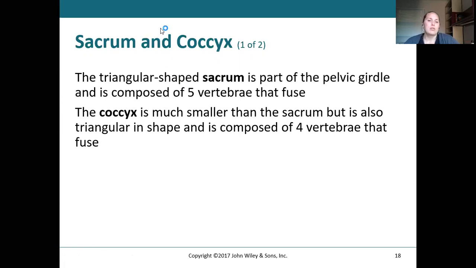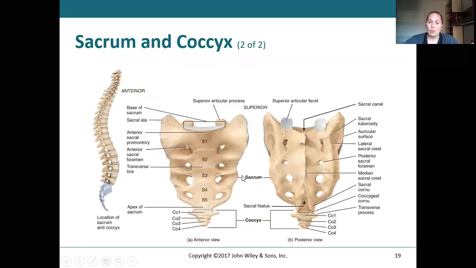So here you see a common theme that you're seeing fusion of vertebrae, and they're leading to these irregular bone shapes. Here we can see that shape, S1 through S5, all of these fused vertebrae, and then CO1 through CO4 down here, which makes up the coccyx. The base of the sacrum you can see located here. Again, the coccyx is more commonly known as the tailbone.